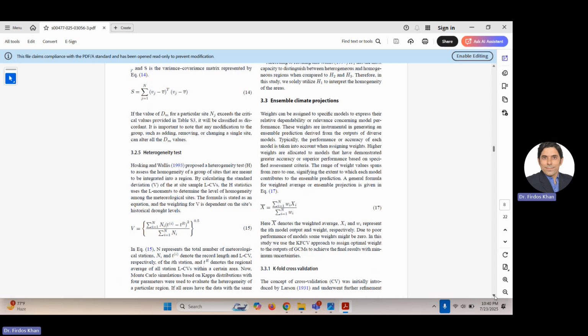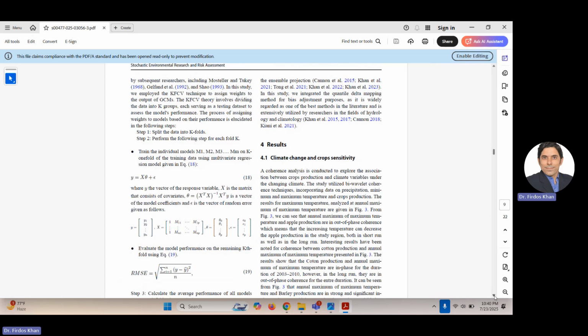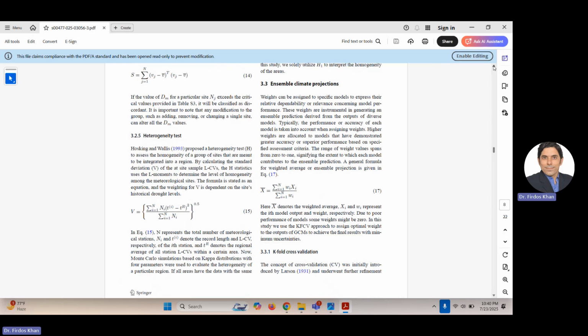How can you decide whether the model is performing better or not? You can use K-fold cross validation techniques, and you can see the detail of how this works. K-fold cross validation means you need to divide the data. Let's suppose K is equal to 5. That's 5-fold validation. In that case, you need to divide the data into 5 folds. The first 4 folds will be used for training, and the fifth will be used for testing.